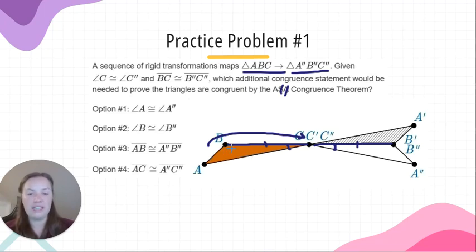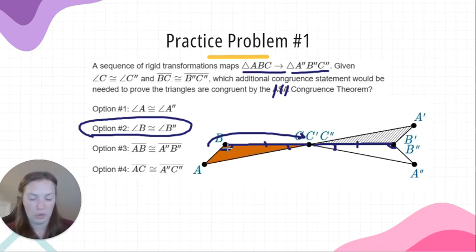So what we want in this case is our angle first, because we want our side to be in the middle. So in that case, it is going to have to be angle B, right? Angle B is what sandwiches our side in between two angles. So we want to show that angle B is congruent to angle B double prime to prove angle-side-angle congruence.